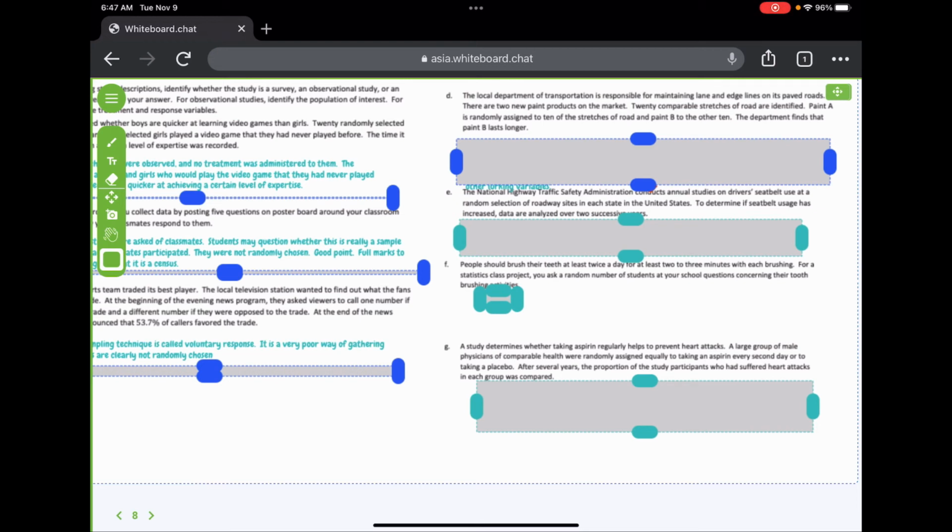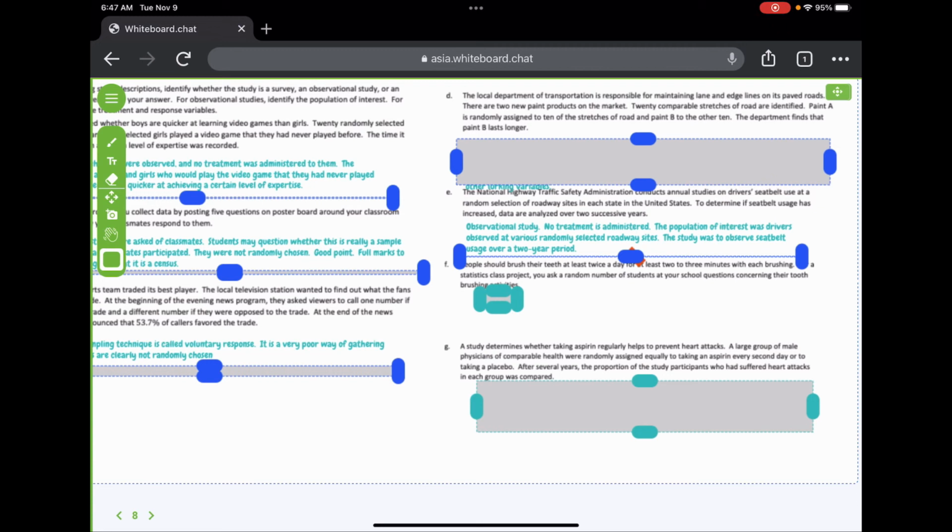The National Highway Traffic Safety Administration conducts annual studies on driver seatbelt use at a random selection of roadway sites in each state of the United States to determine if seatbelt usage has increased. Data are analyzed over 2 successive years. So 1 year after another. That's just an observational study. No treatment is administered.